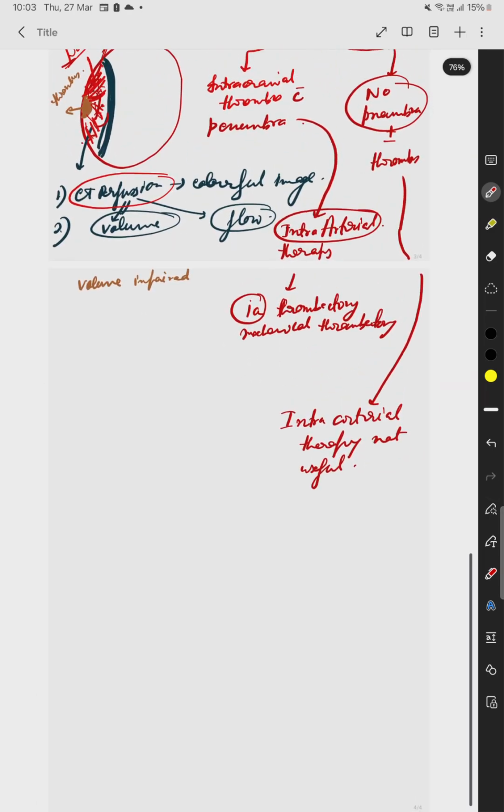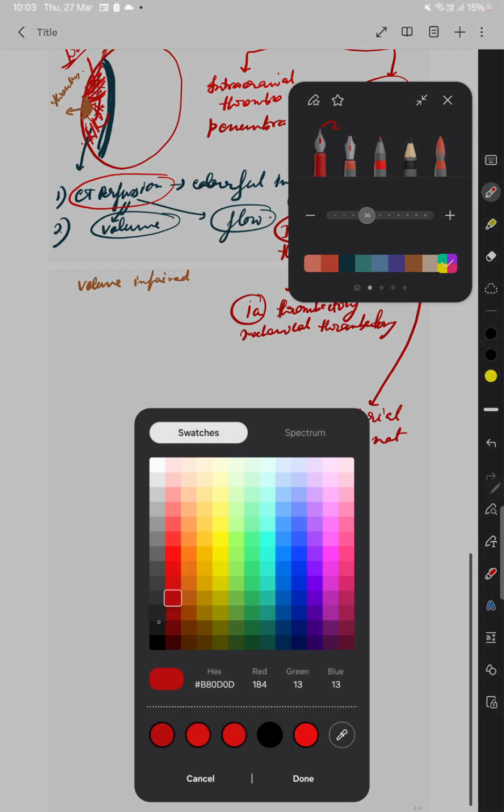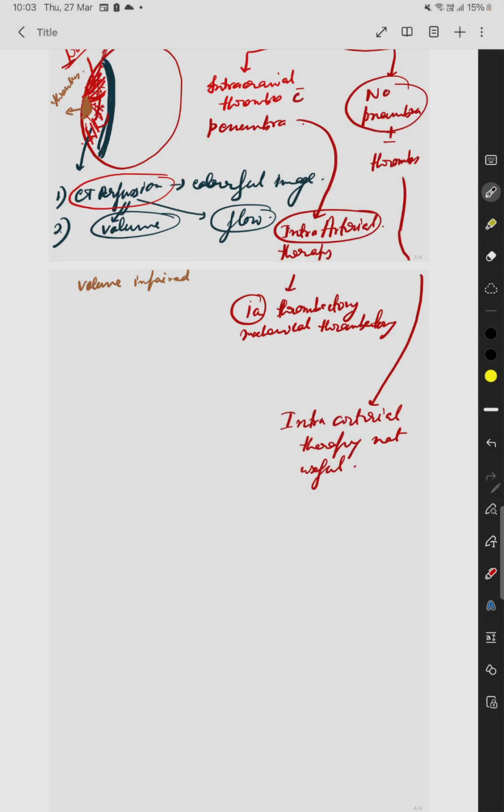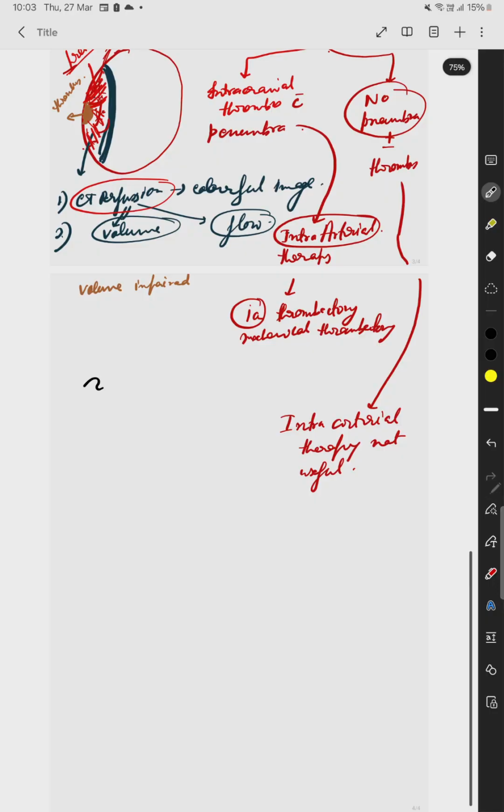Now, what are the contraindications of thrombolysis? One is if there is very high BP, that is 185 by 110.